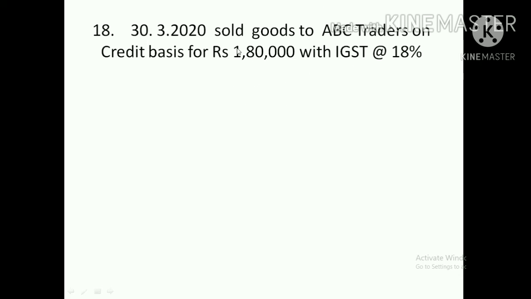Here three accounts are there: the sales account at 18%, the ABC Traders account, and output IGST at 18%. In case of IGST, there is no division into central and state. If the goods are sold outside the state, they will charge only one form of tax, that is IGST. Then pass the entry here.